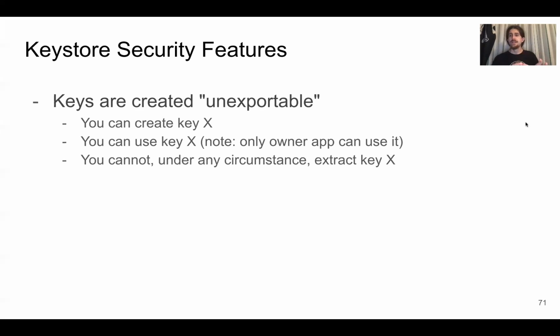Now, it would be very difficult to implement an API like this without TrustZone, because you can implement this at the operating system level. But if an attacker actually has access to the operating system and can compromise it or flash a custom version of it, then the attacker could modify it so that now it's exportable. So you could actually see the key. But in this case, these things are actually backed by TrustZone. So it's a hardware-backed keystore.